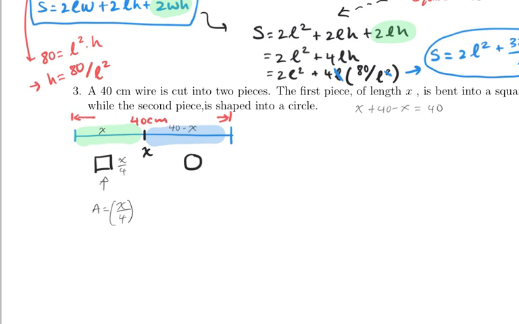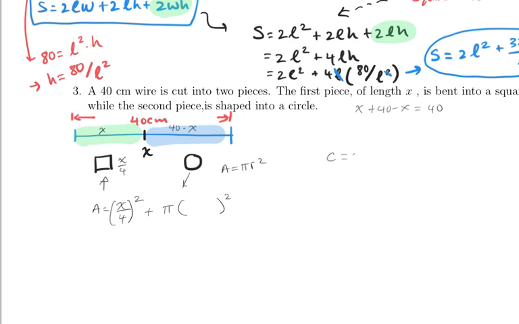Now, what is the area for the circle? The area for the circle is pi r squared, right? But what is the thing you are missing here, though? You have the pi, you need the r squared. How are you going to figure out the r? Well, what's another formula for the circle?